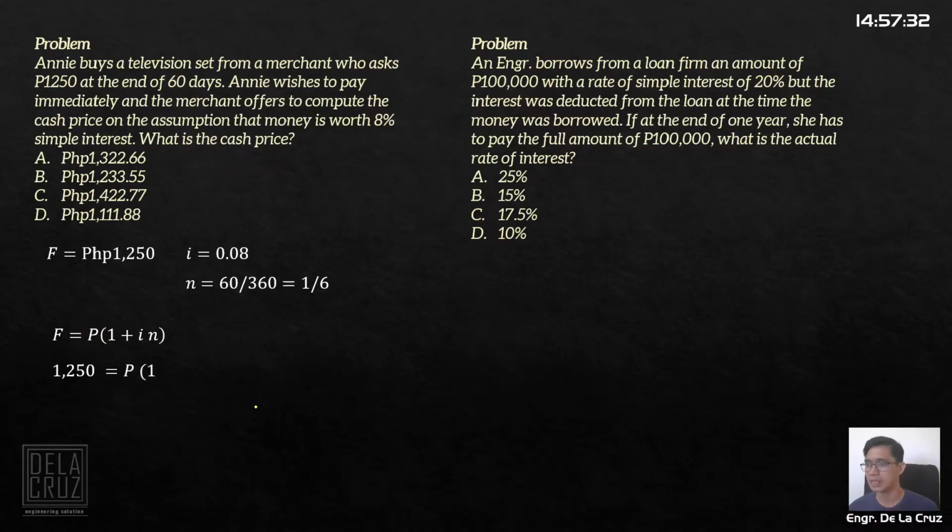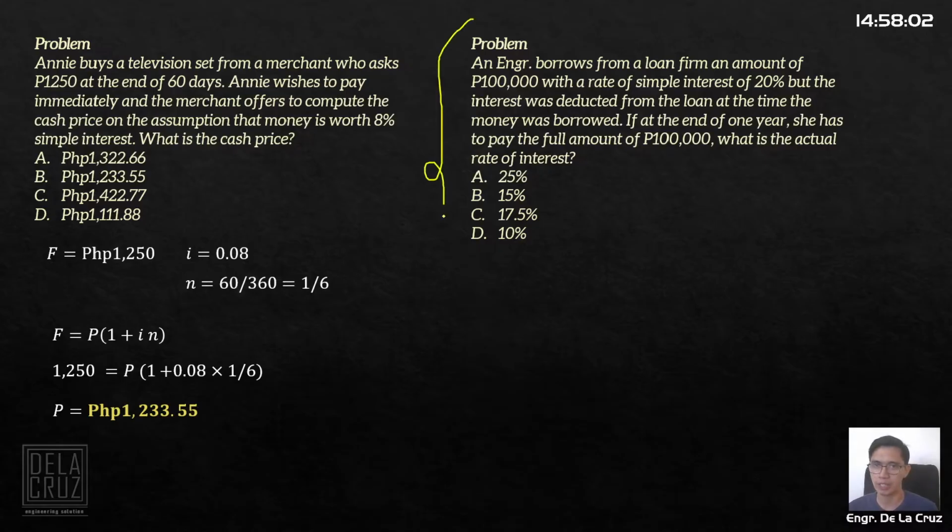The 1 plus I, 0.08. Again, yung ating N is the number of years, or that is a fraction of a year. Kuha natin yung cash price, 1233.55. That is letter B. So, 1,250 at the end of 60 days, 1233 lang siya kung sa present time siya binayaran. By the way, before we solve the problem, you can try to solve it first kasi meron naman yung choices. So, just a practice na lang din.